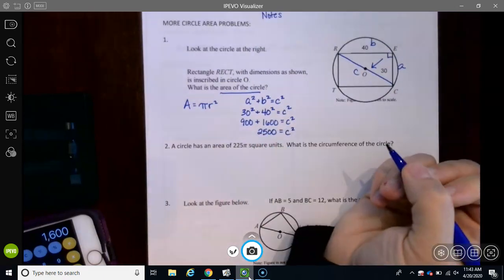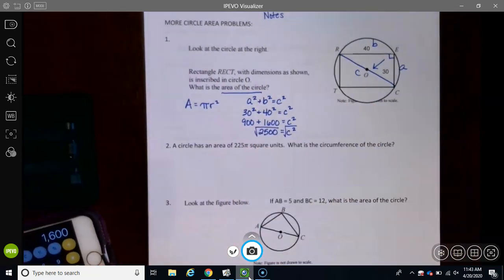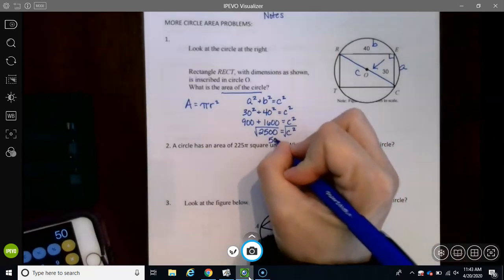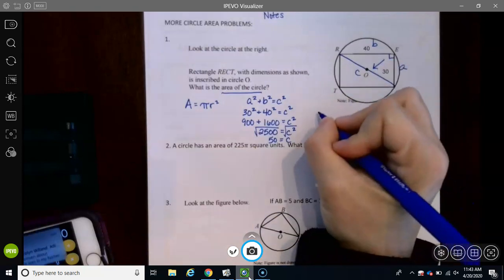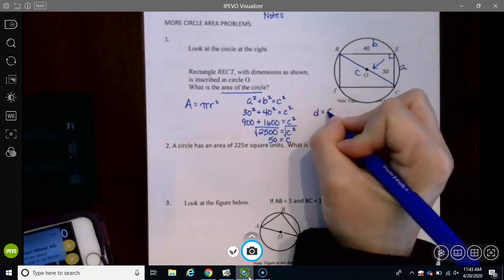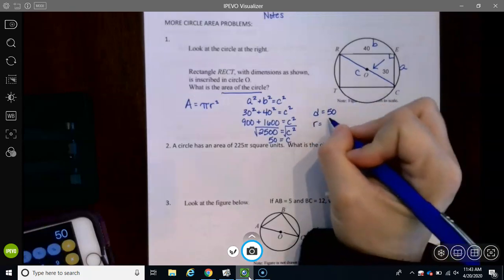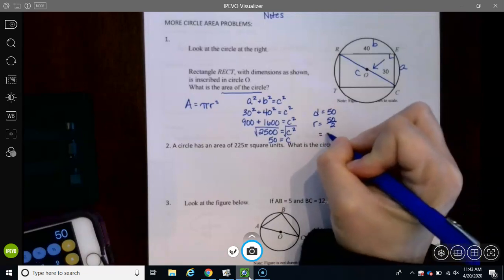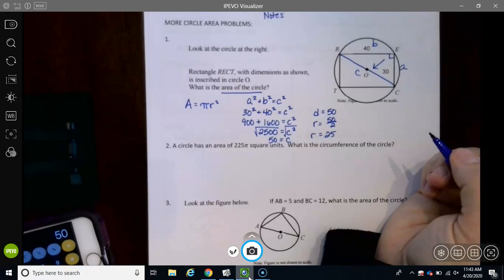And then to get c by itself, you take the square root. And you get 50. So that c side is 50. So that means the diameter is 50. So that means the radius is 50 divided by 2, which gives me 25. So we've got the radius is 25.